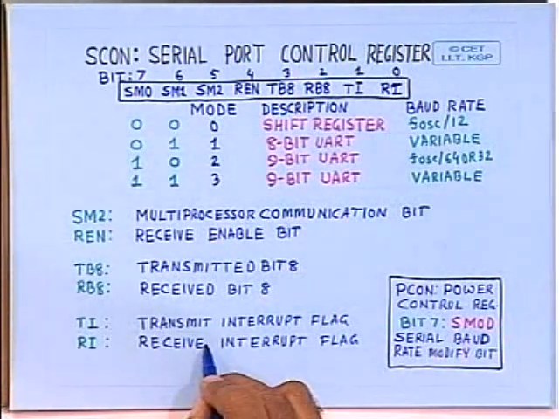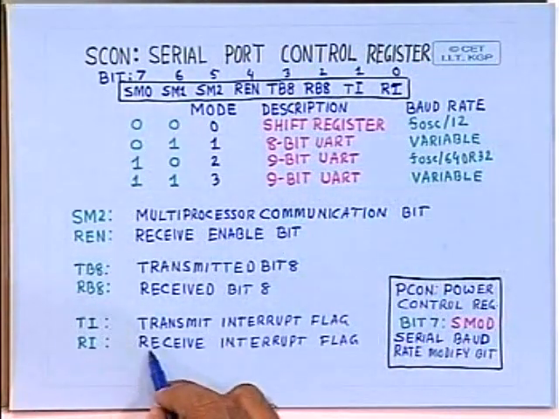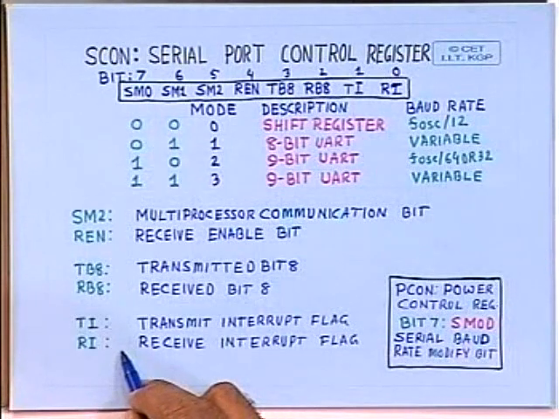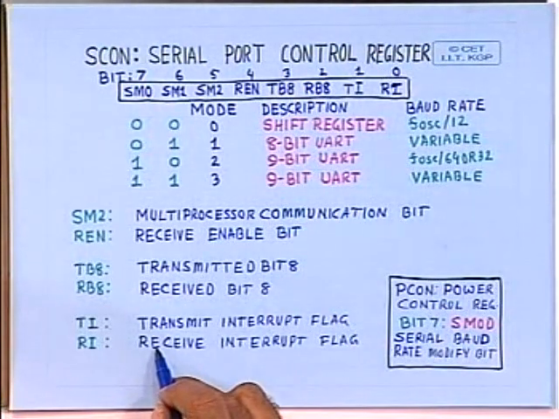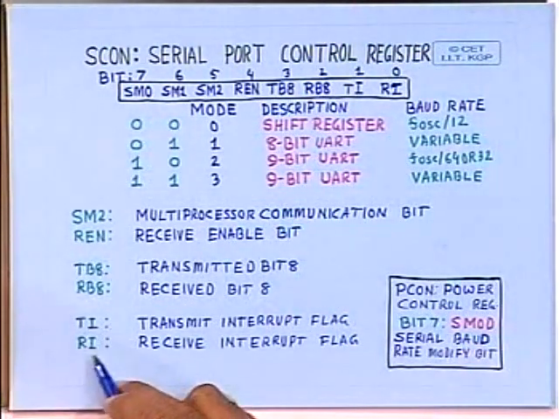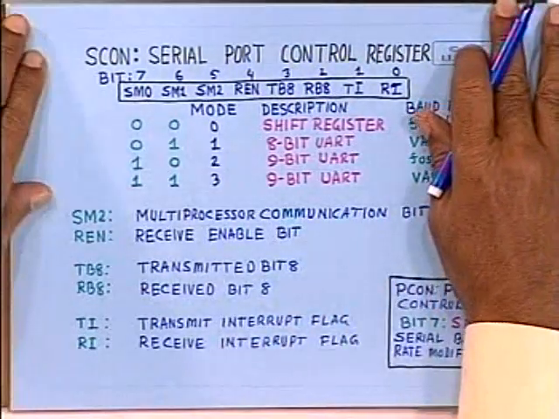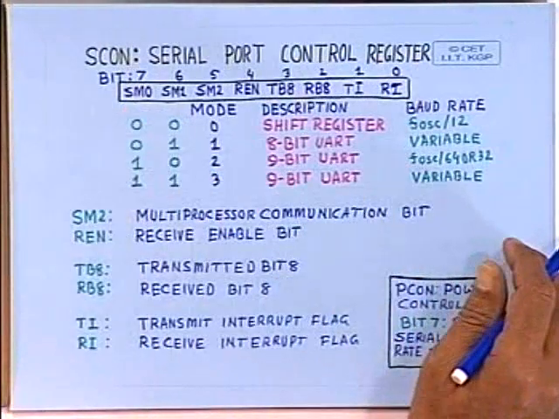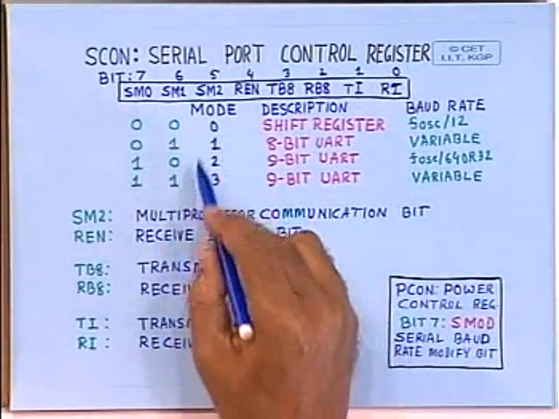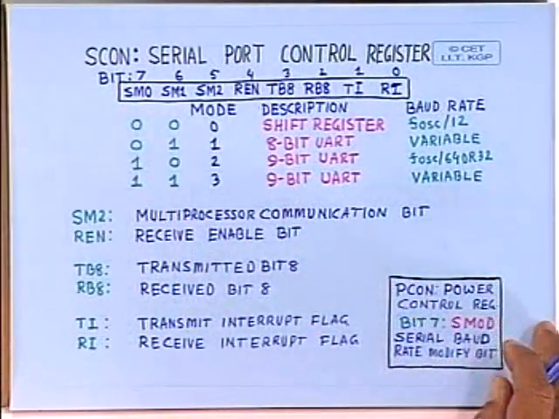Just like the transmit case, this bit can also be reset by programming, or whenever the processor jumps to the interrupt subroutine, this RI bit is automatically reset. So you can see how SCON can be used for configuring the modes as well as performing some control.